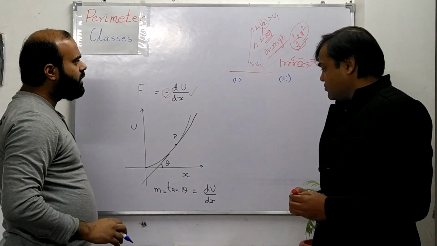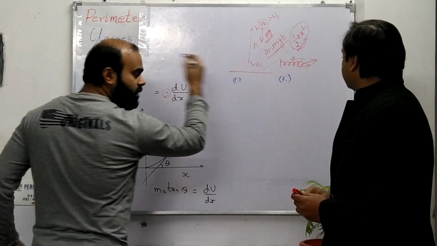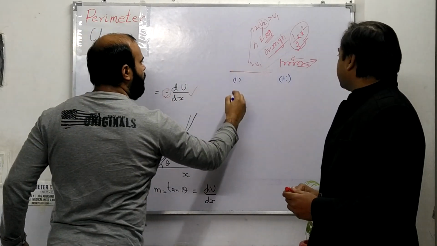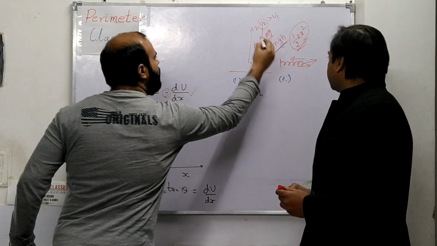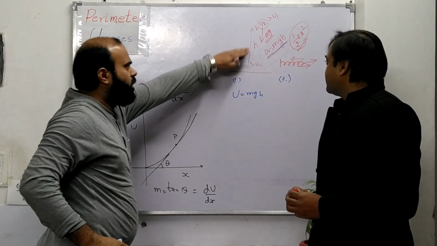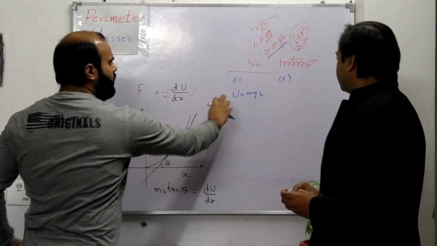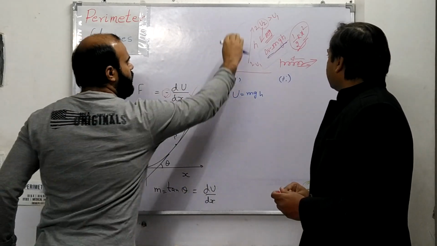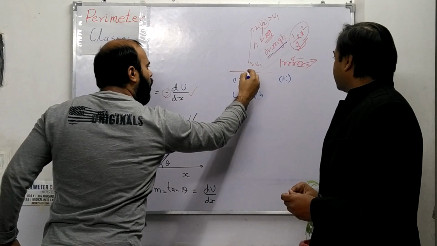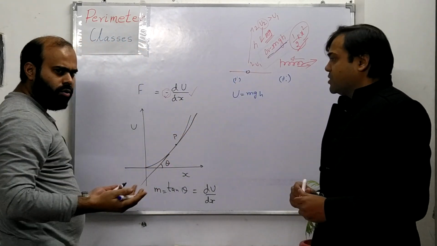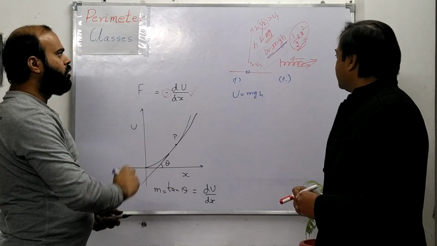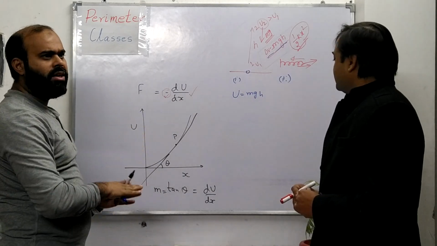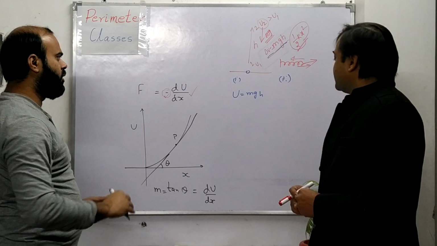So there are two cases over here, and in the first case we have taken the potential energy as mgh, as sir has already told us that a change in potential energy is mgh. So let us suppose the potential energy at this point is mgh, and on the ground it was 0. At the ground the potential energy is 0, as a reference point from where we are measuring the potential energy. So we are taking a reference point as having 0 potential energy.